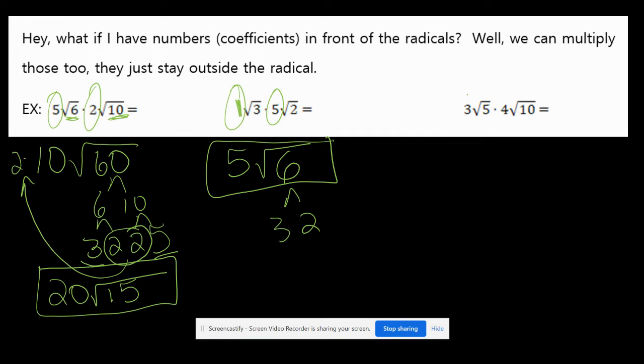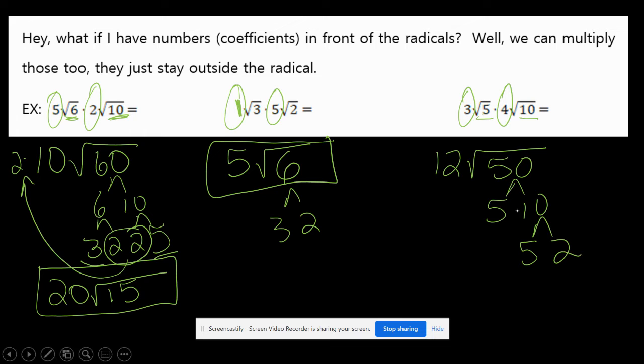This last example, I have my coefficients of 3 and 4. 3 times 4 is 12. I have a square root and a square root, so 5 times 10 is 50. Well, 50 we know is 5 times 10. 10 is 5 times 2.